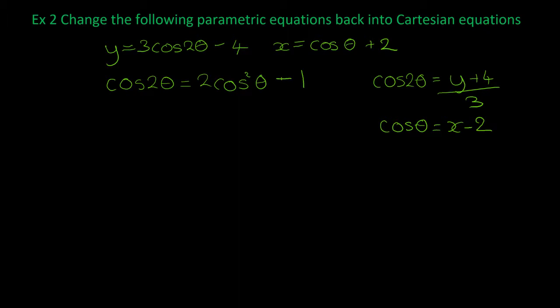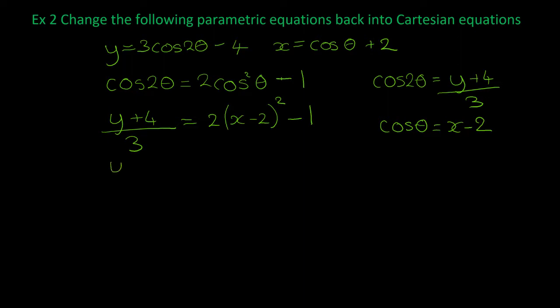Now we're going to put those into this identity. So we've got (y plus 4) over 3 equals 2 (x minus 2) squared minus 1. So let's multiply through by 3 and then move the 4.